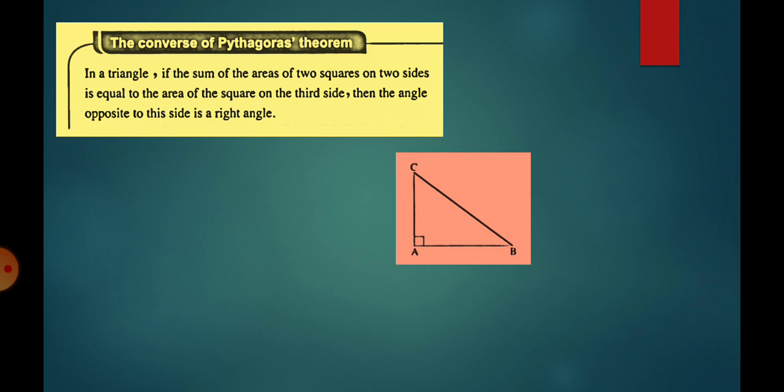In any triangle, if the sum of the areas of the two squares on two sides is equal to the area of the square on the third side, then the angle opposite to this side is a right angle.